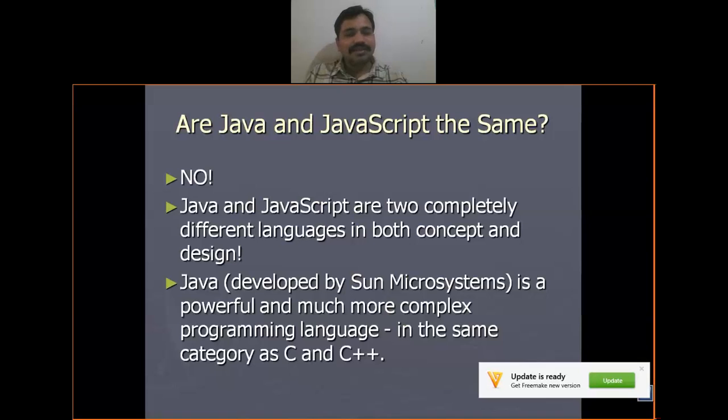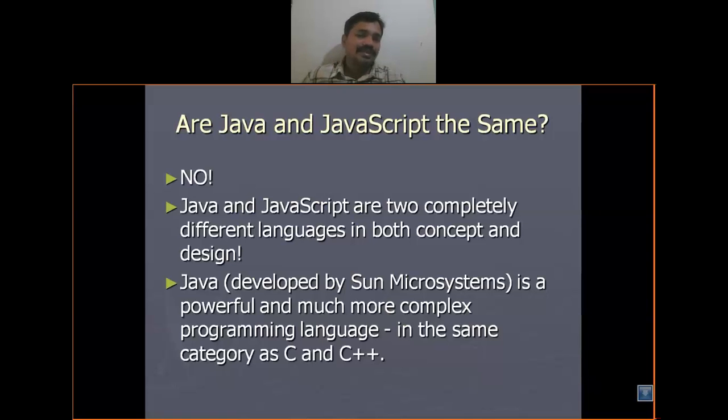Java was developed by Sun Microsystems. It is a powerful, much more complex programming language, in the same category as C and C++. When you use Java, whatever software you design is built very perfectly. There is an OOPs concept in Java, and that concept is not inside JavaScript.